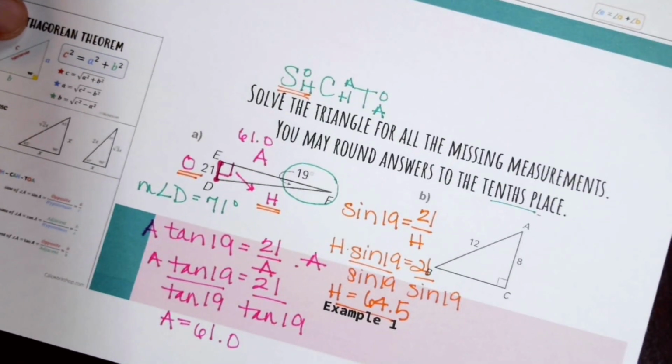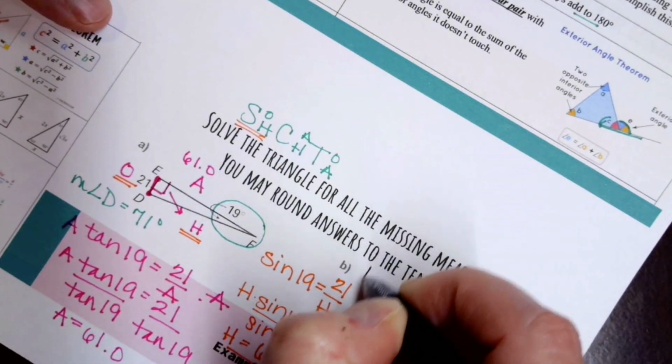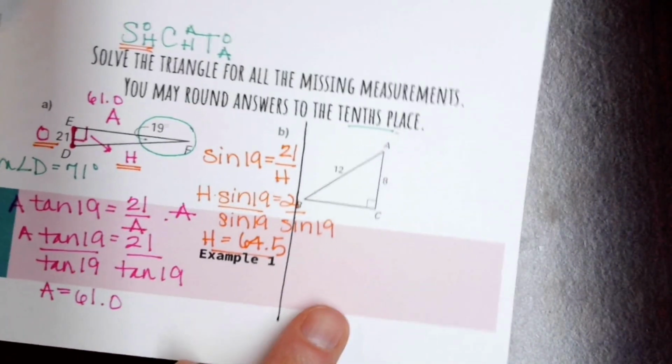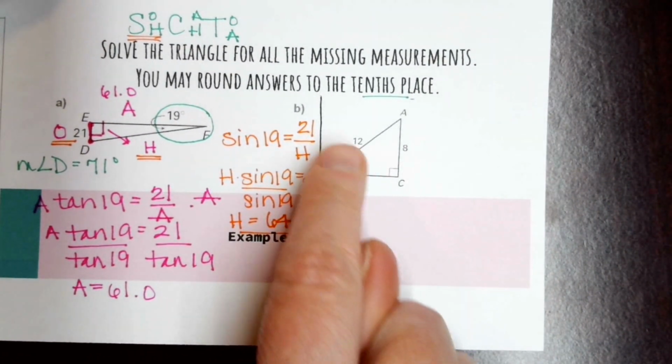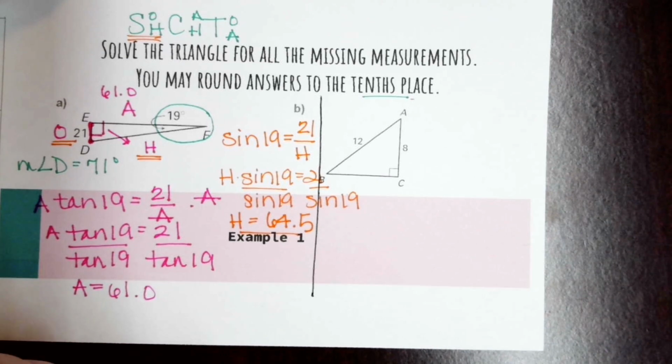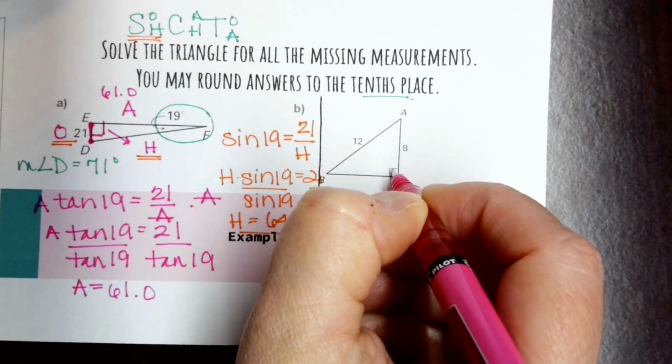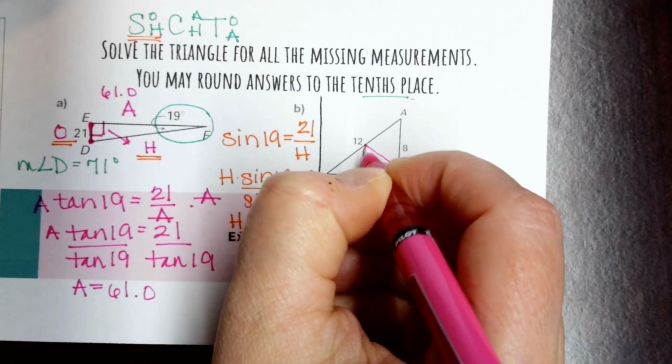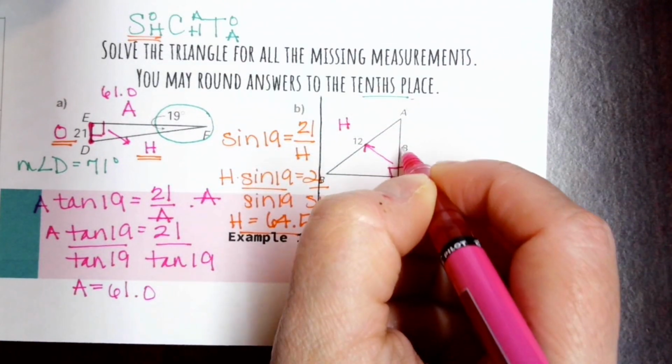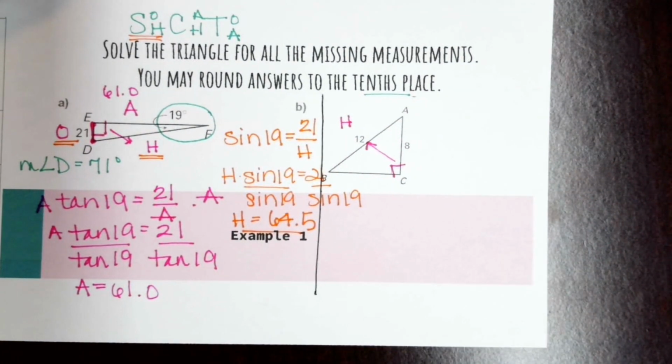Okay, if I look at my second one, I have work all over the place. So as we look at part B, I'm noticing right away I've got two sides. So if I already have two sides, I can go ahead and use Pythagorean theorem. Okay, so across from my right angle is the hypotenuse, which means these two sides are my legs.